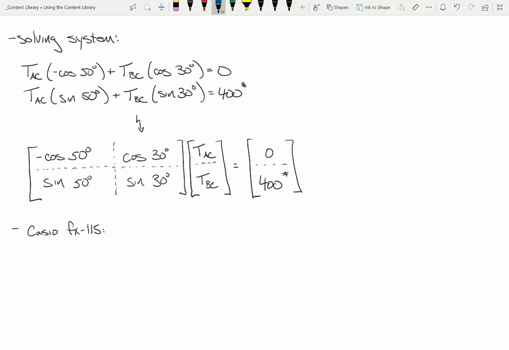So what you're going to do is you're going to press the mode, then 5, then 1.